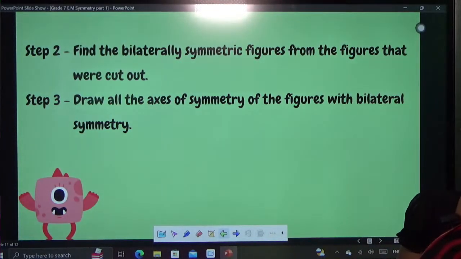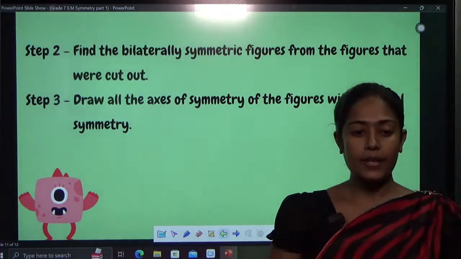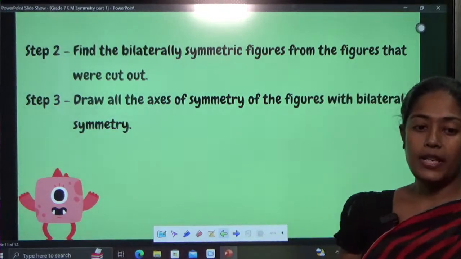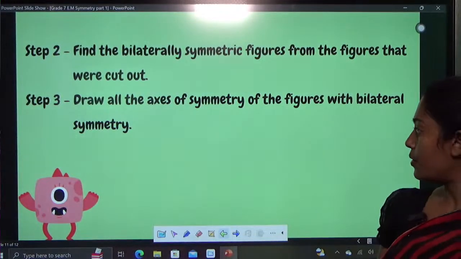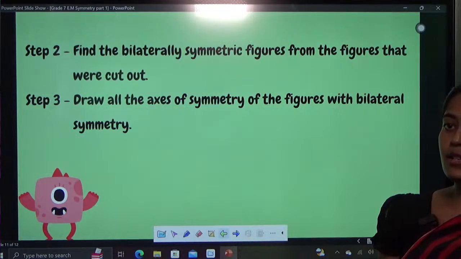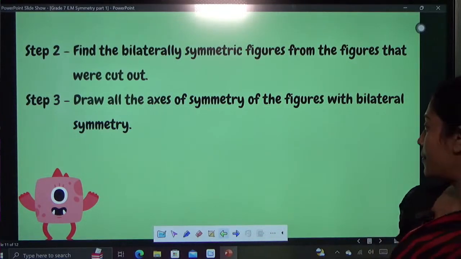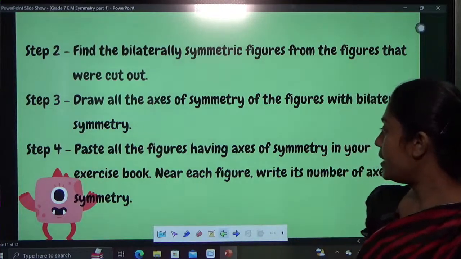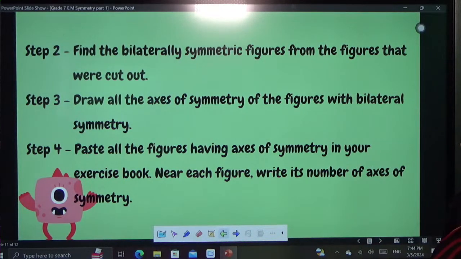Then step number 3, draw all the axes of symmetry of the figures with bilateral symmetry. So you have to mark the symmetrical axes and draw them also. Finally, paste all the figures having axes of symmetry in your exercise book.